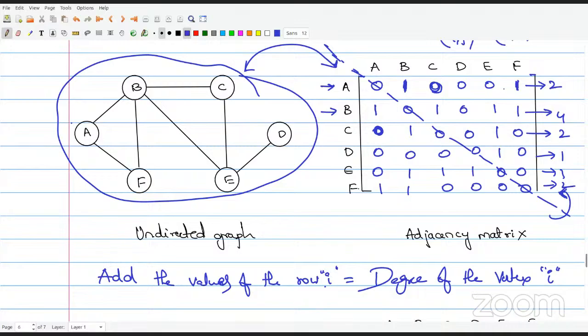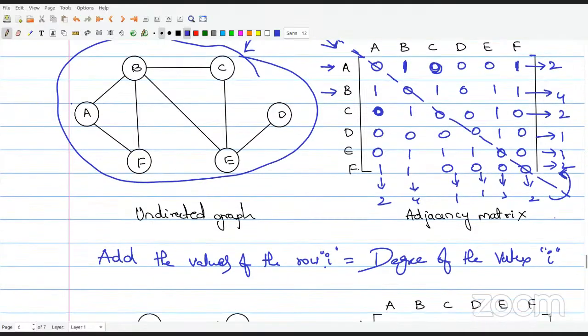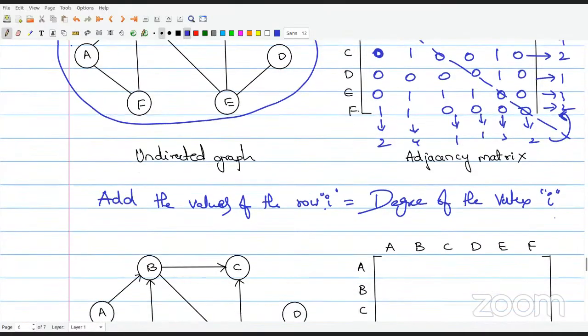For an undirected graph, if you add rows, it will give you the degree. If you add columns also, it will give you the degree. You will get the same. Whichever you feel comfortable with, you can add that. It will give you the degree.